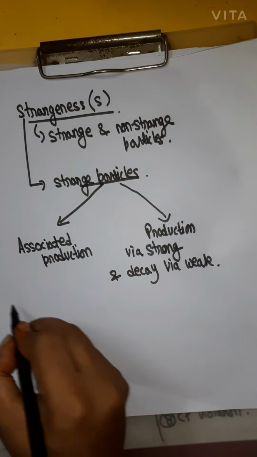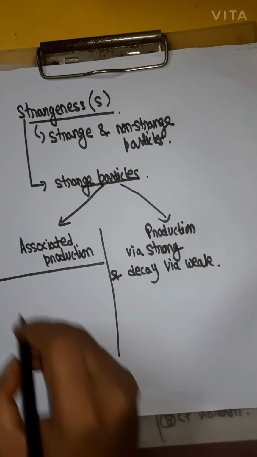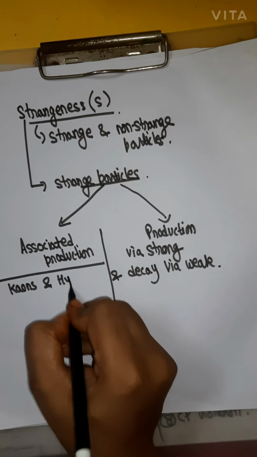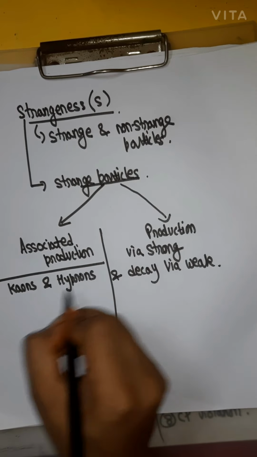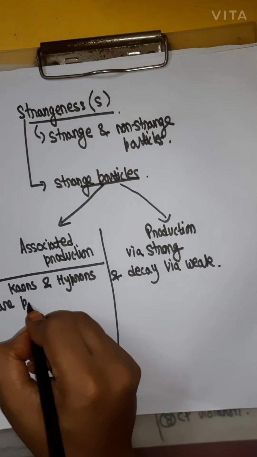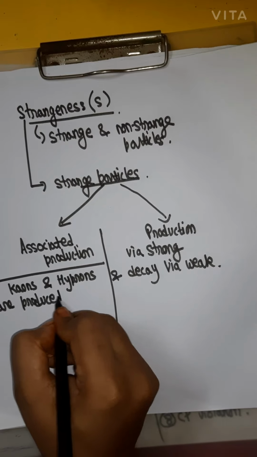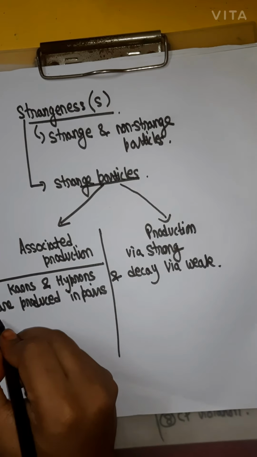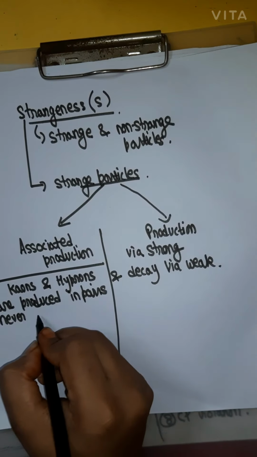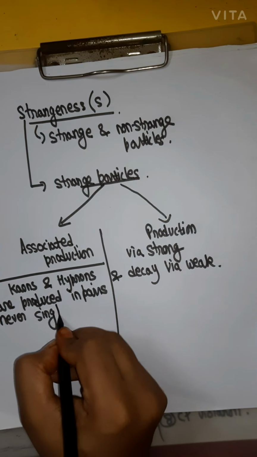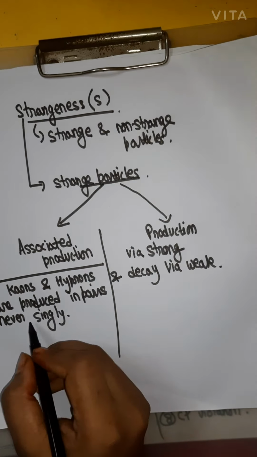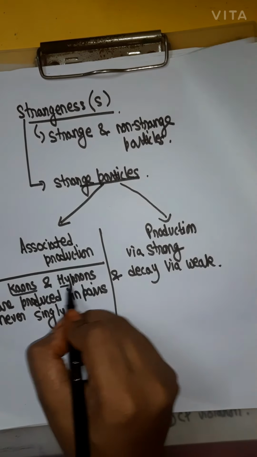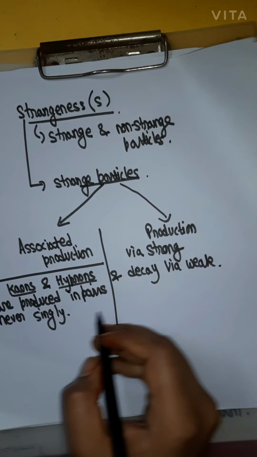So kaons and hyperons are produced in pairs, never singly. This is called associated production, and these particles, that is kaons and hyperons, are called strange particles.